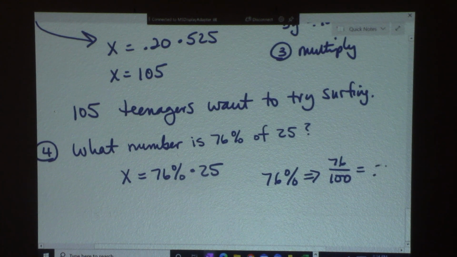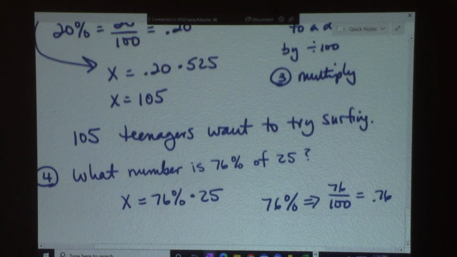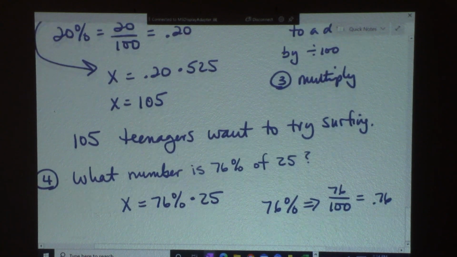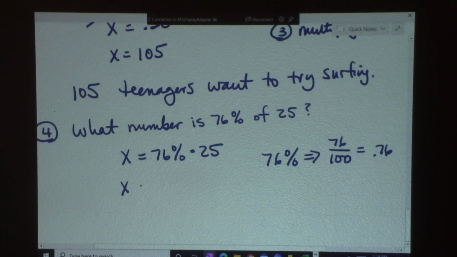And if I divide that, I get 0.76. So remember, step 2 was to change to a decimal by dividing by 100. Okay, so I have 0.76 times 25, and when I work that out, I get 19.